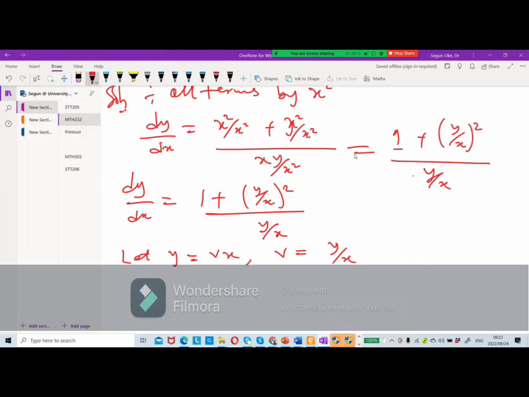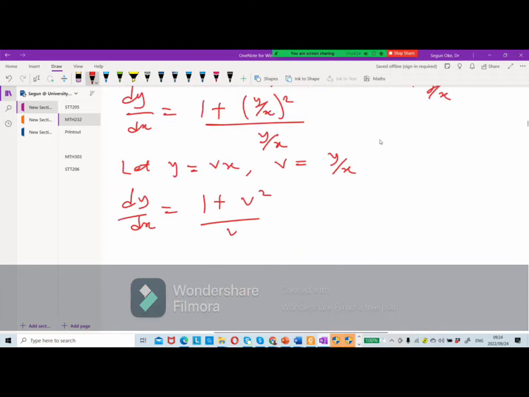You can do it in many ways. Are you getting it now? So dy/dx will equal 1 plus v squared over v. You can see now, 1 plus v squared over v.